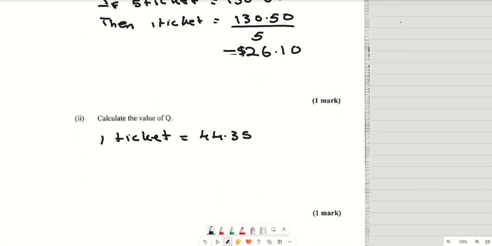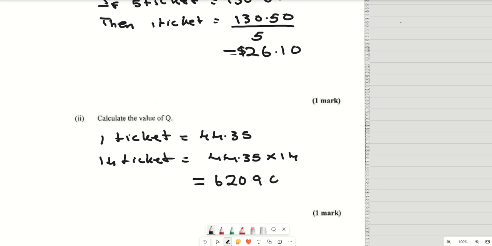So if one ticket is that, then 14 tickets would be equal to $44.35 multiplied by 14, right? 44.35 multiplied by 14 is equal to, so Q is $620.90. That's how you would do this one.